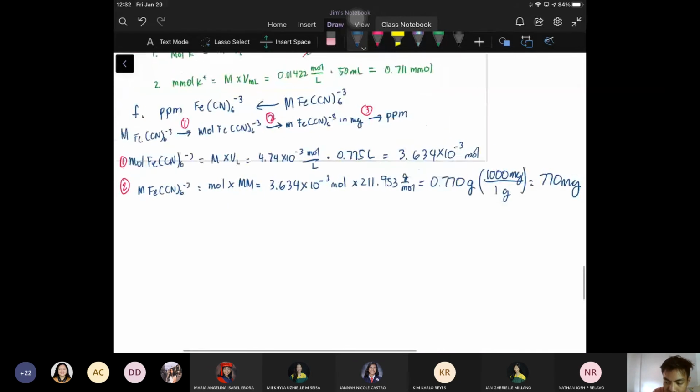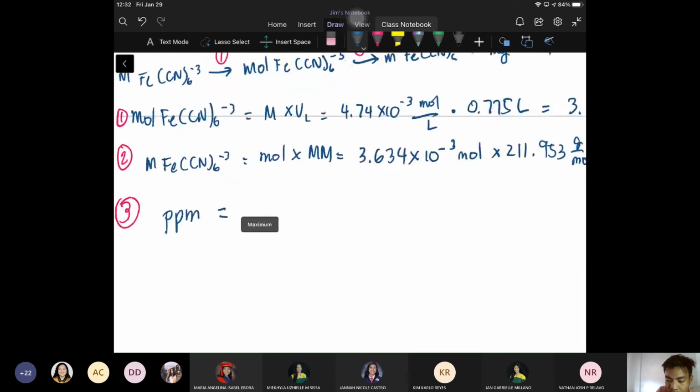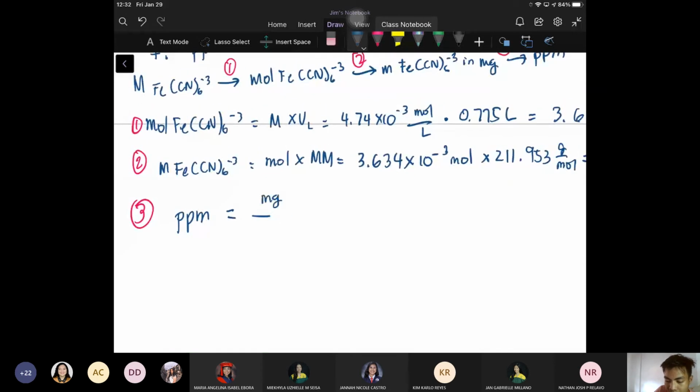Ang haba ng solution, no? Ayan. Okay, so yan, that's 770 milligrams. And then, last step, finally, we get the ppm. So, paano kinukuha yung ppm? Milligram per volume in liters, no?